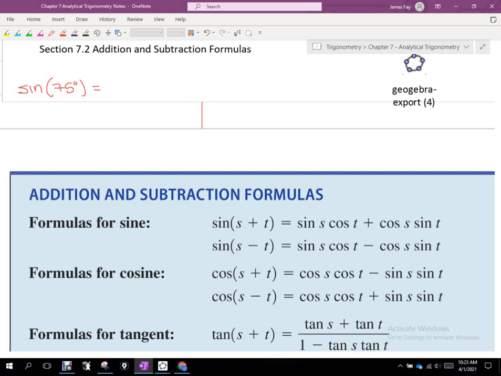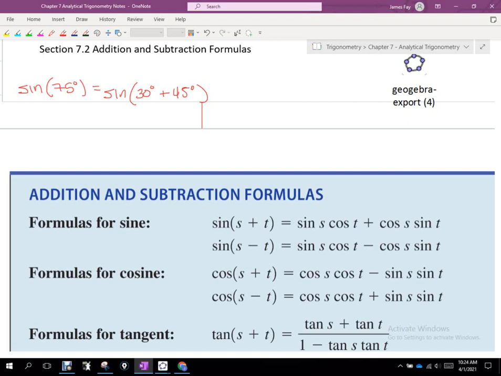So what we're doing here is we're being asked, what is the exact value of sine of 75? Well, the only way we can do that is to break it up and say it's the sine of 30 degrees plus 45 degrees. There are about 17 different angle measurements on the unit circle that we know.